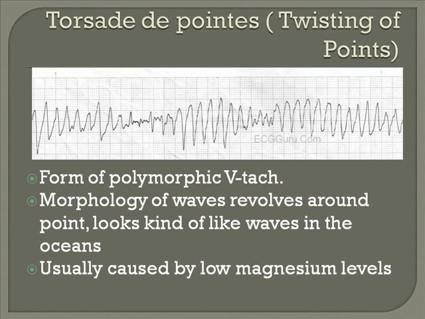It means a kind of regular rhythm of changing morphology of the QRS complexes. You'll probably notice it has kind of a pattern where it looks like a wave, going from narrow to bigger, back to narrow, back to bigger. It has this kind of center point that it's changing around.